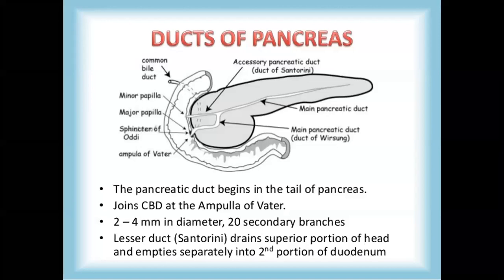The pancreatic duct begins in the tail of the pancreas, joins the common bile duct at the ampulla of Vater. It's 2 to 4 millimeters in diameter, with 20 secondary branches. The lesser duct of Santorini drains the superior portion of the head and empties separately into the second portion of the duodenum.